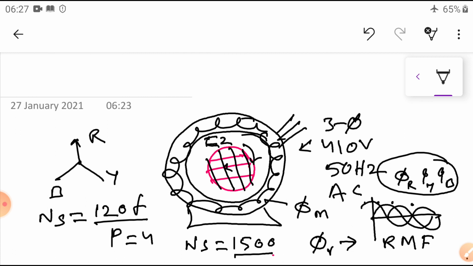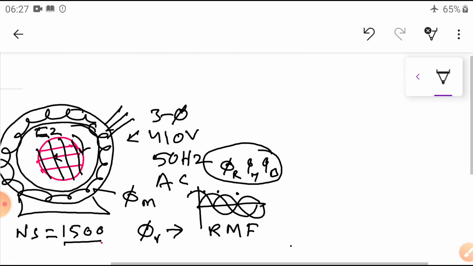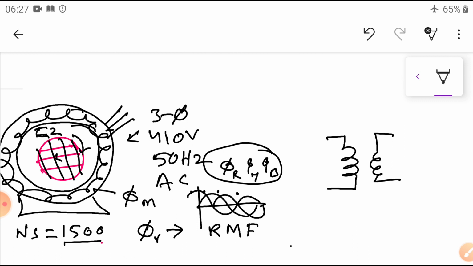Nothing but the stator acts as the primary of a transformer and the secondary acts as the rotor. Then it induces the EMF in the secondary, and we applied the voltage in the primary.